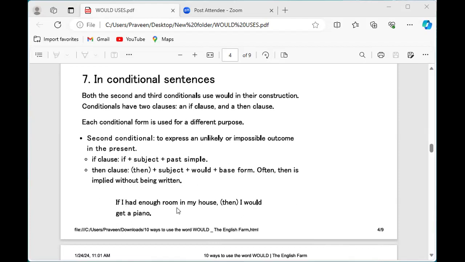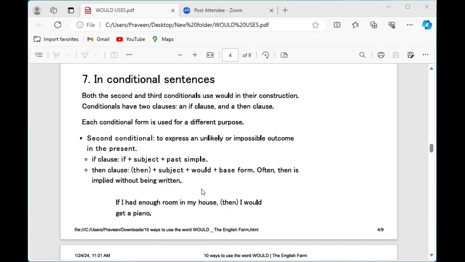If I had enough room in my house. If, I as subject, and past simple had. If I had enough room in my house, then I would get a piano.